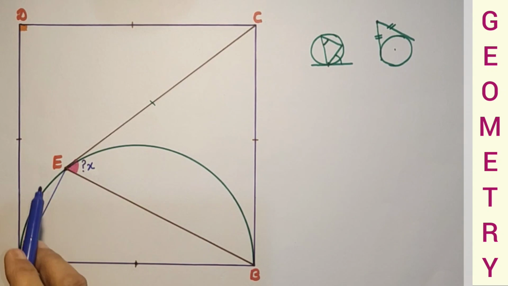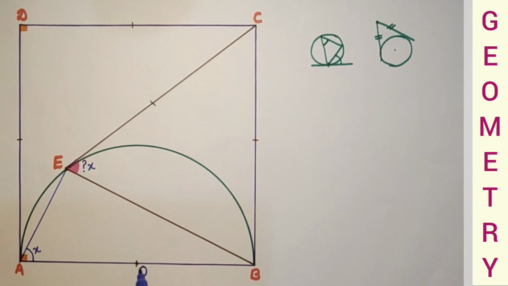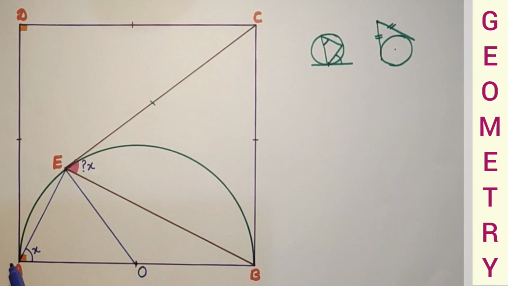If we join the center of the semicircle to this point, let us suppose this center point is O. Join EO, radius EO. So this angle is x. OA is equal to OE. These two are equal and equal to OB. All are radii.